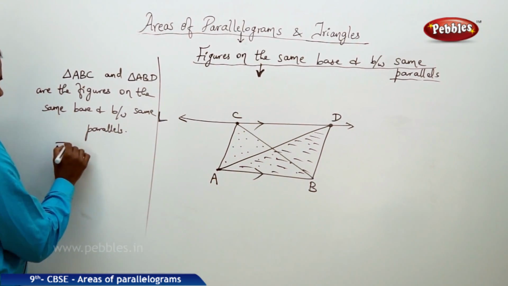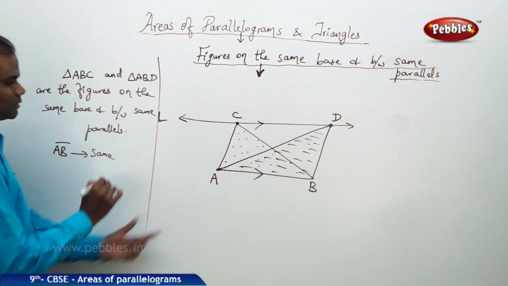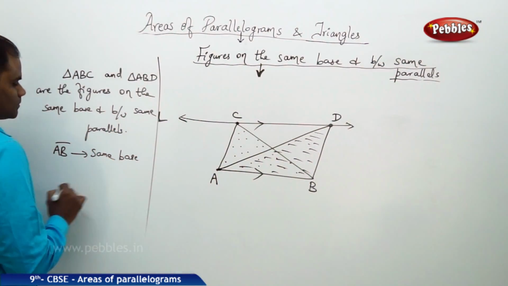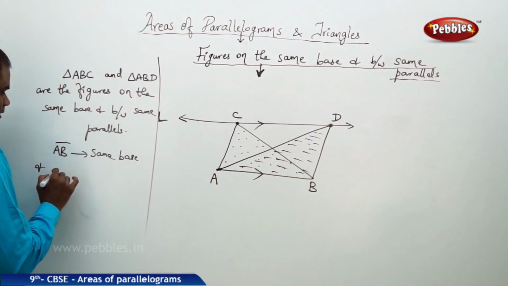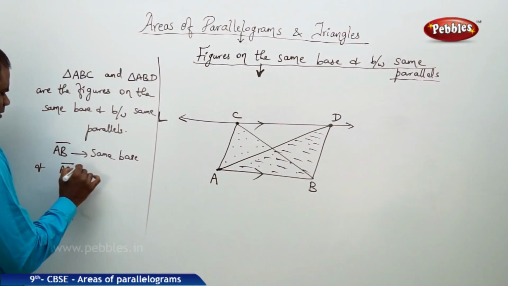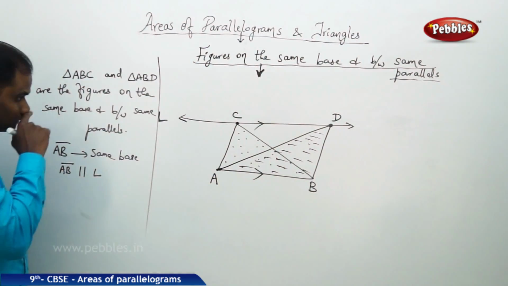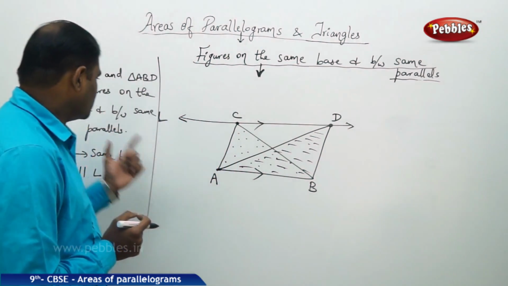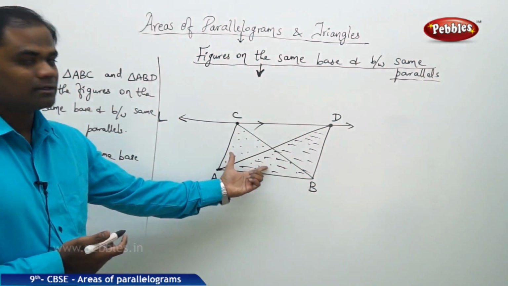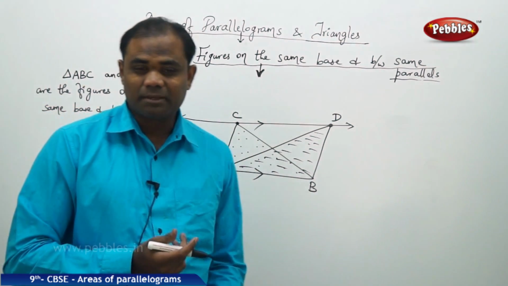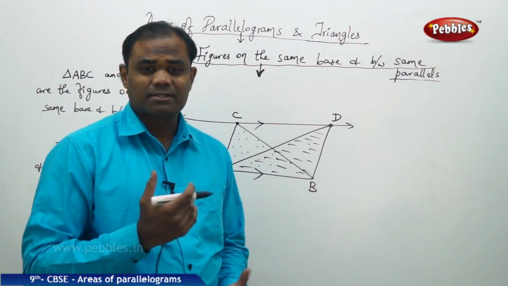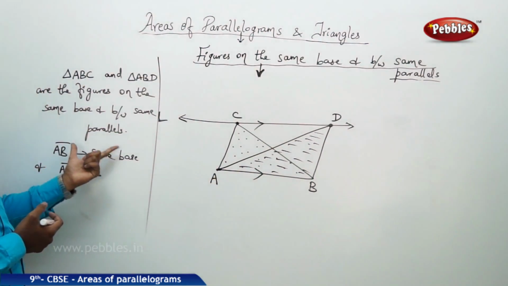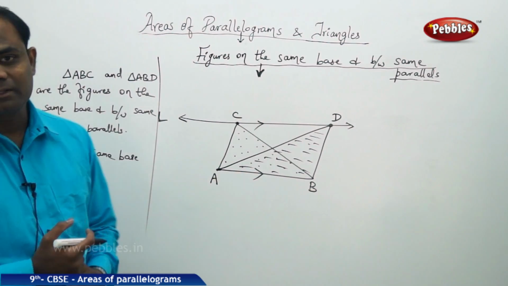Here AB is the same base for these two triangles, and the parallel lines are the base AB, which is parallel to the line L. So triangle ABC and triangle ABD are the figures on the same base and between same parallels.